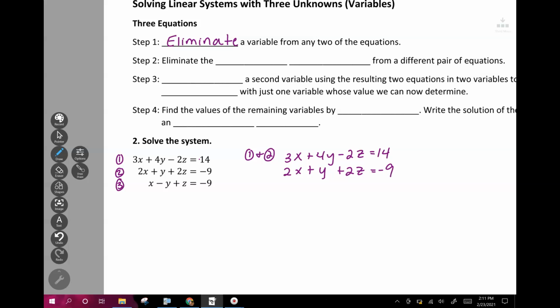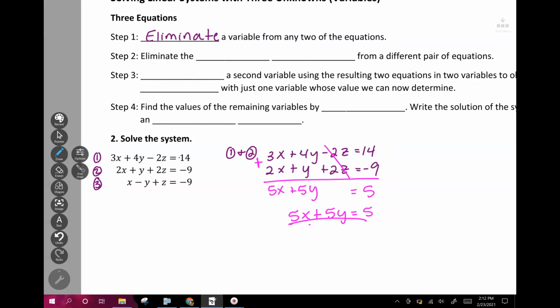Now, to do elimination on this, I don't have to multiply by anything because you can see my z's already have the same number with opposite signs. So when I add the two equations together, the z's are going to be eliminated. This is 5x plus 5y, z's cancel, equals 5. So 5x plus 5y equals 5.